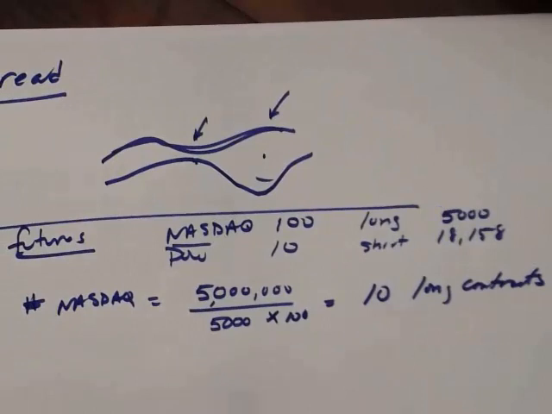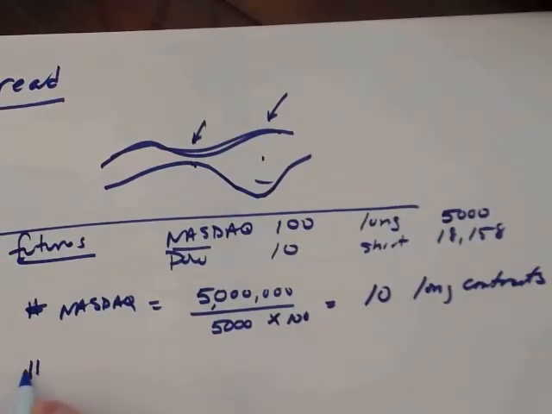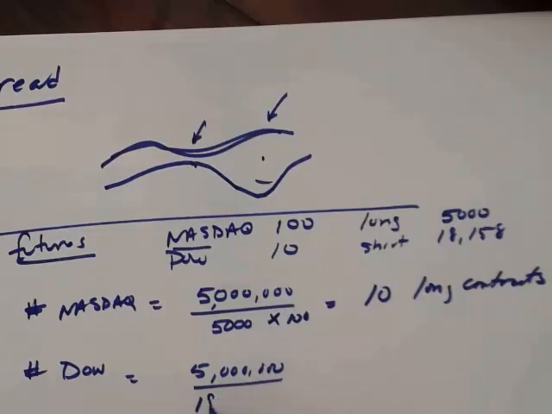For the Dow, the number of contracts is again for a $5 million position, because we want equal positions. The Dow is worth 18,158, the contract size is 10, and that implies 28 short contracts.